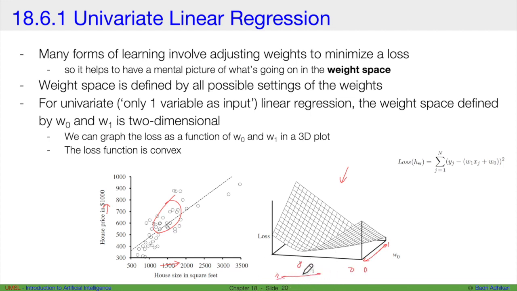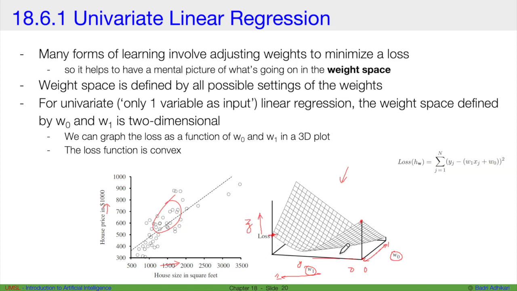Depending upon what range of W it is. And on the z-axis, the third axis, we have the loss. Now, as you can see, for example, when your first weight W0 and your second weight W1 are both 0, at this point you can see that the loss is very high. And then maybe at this point where W1 is 1 and W0 is still 0, your loss is low but not extremely low.